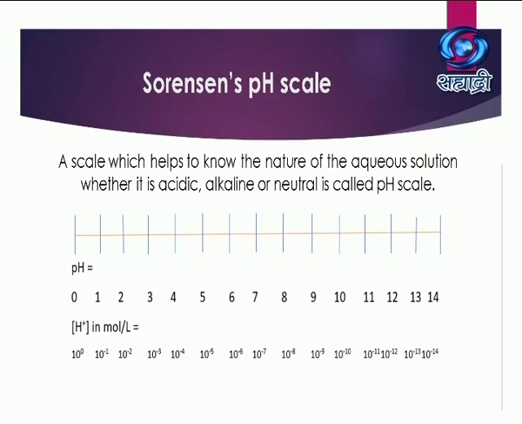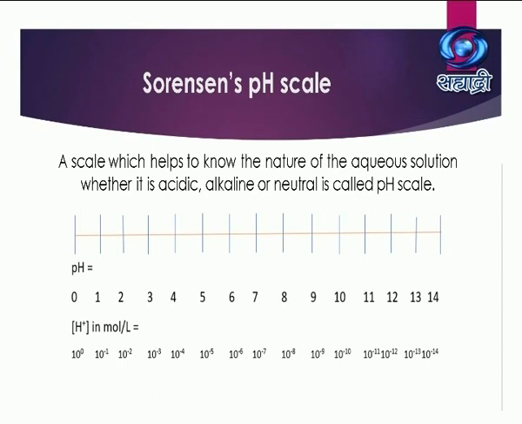In this scale, you will find that pH starts from 0 and ends at 14. Why does it end at 14? Because we have the relation between pH and pOH. pH can be maximum 14 or minimum 0. And similarly, pOH can be minimum 0 or maximum 14.